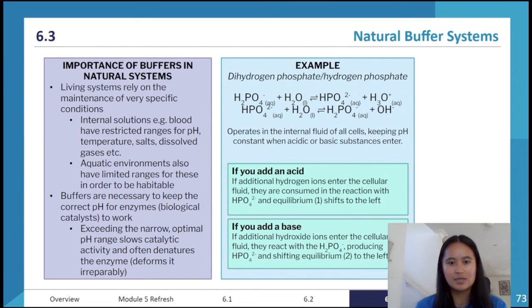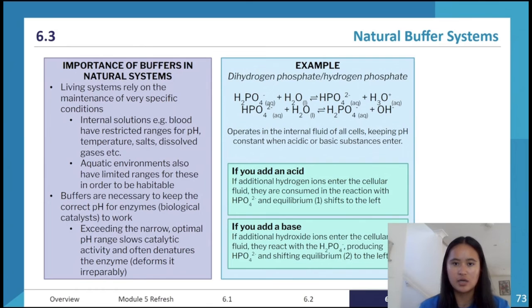So it's a really narrow window that we're working in, which is why we need buffers to make sure that we're never going outside that window where it might be dangerous. For the blood buffer system, the window is like 7.35 to 7.45 pH. So we've got tiny room to work with. So it's really important that we have a buffer system there because we want to make sure that we're buffering properly. So yeah, love natural buffers.